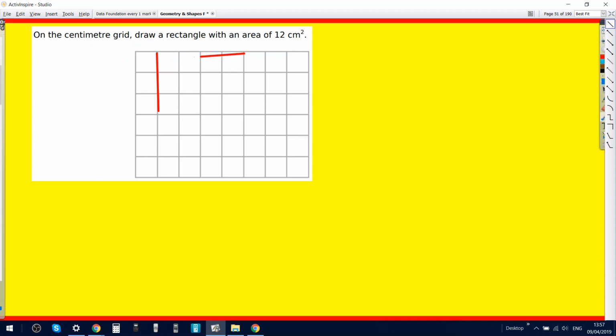Perimeter of 12. So the perimeter of 12 would be 6. How did we do perimeter before?